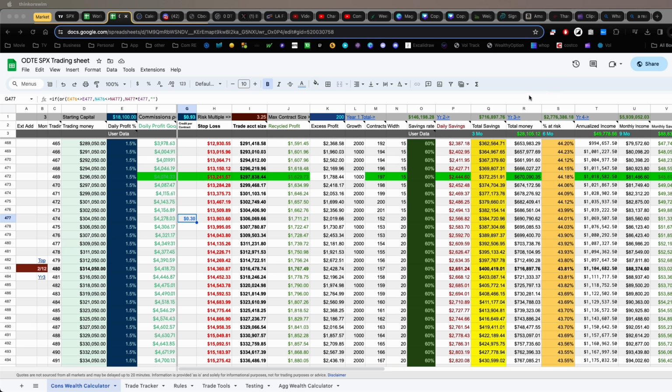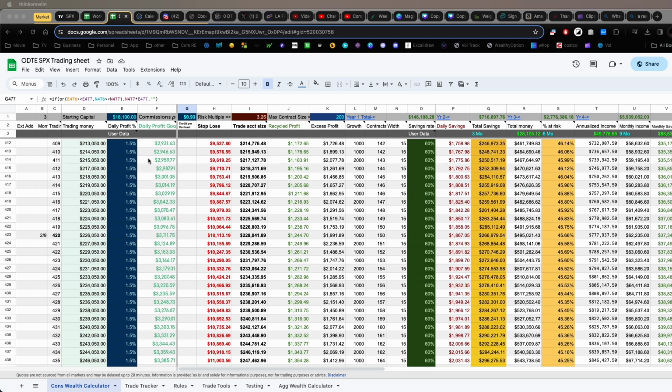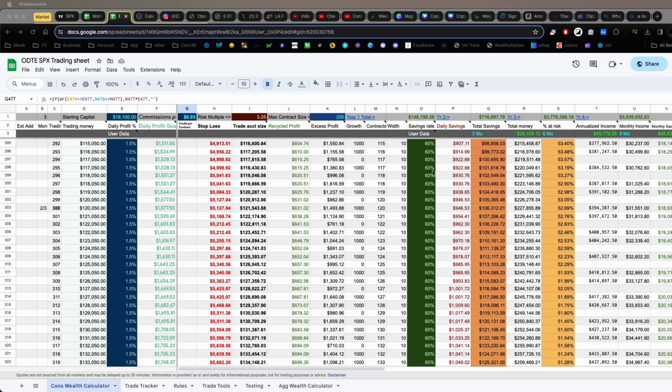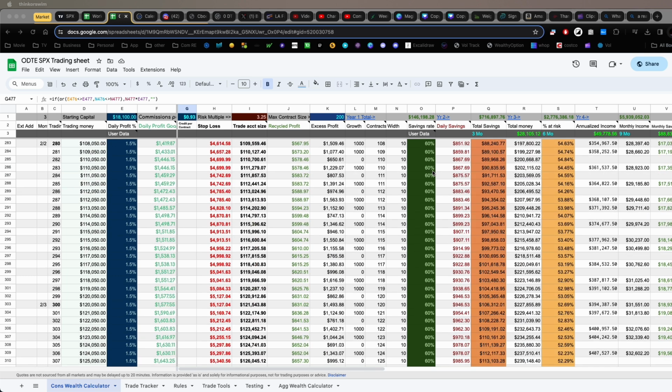Guys, if you have any comments, questions, thoughts on this, I really want to hear from you, see what you think. What would you do? What's your profitability marks? Do you think I'm too conservative? What would you do in these situations? What numbers would you put in the sheet? How much would you save as you're going through this? When would you start saving?